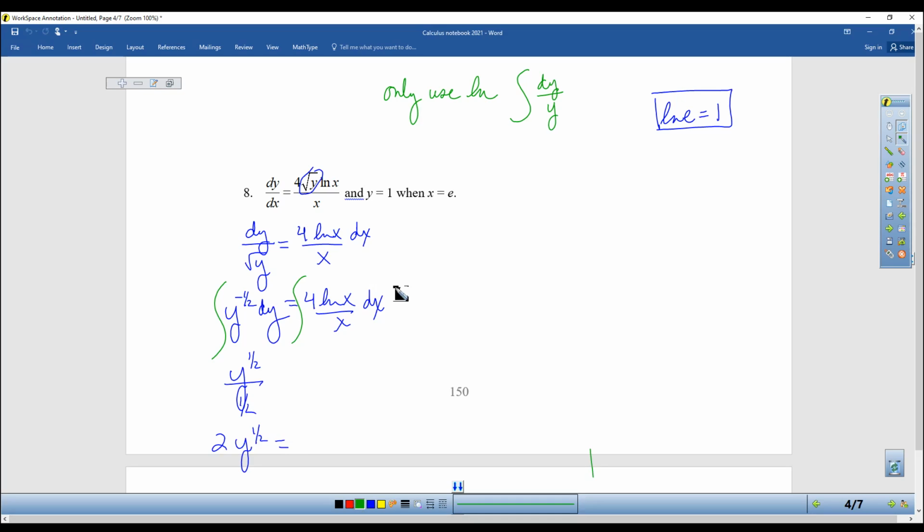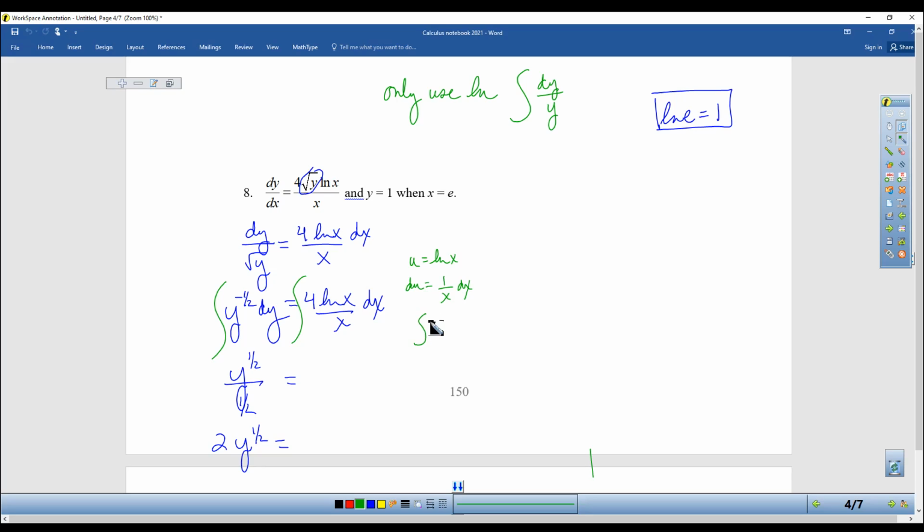So you do have to do u substitution, so I am going to do it off to the side. I don't want to do it down here because it will take more steps than what this one is, which is already done. So u is equal to ln of x. Du is equal to 1 over x dx.